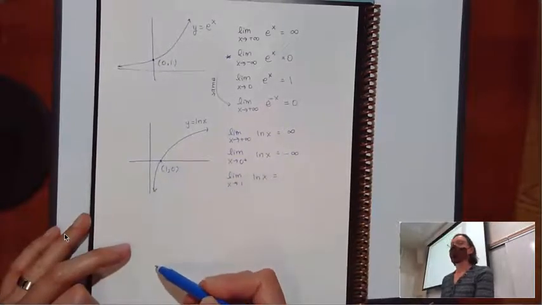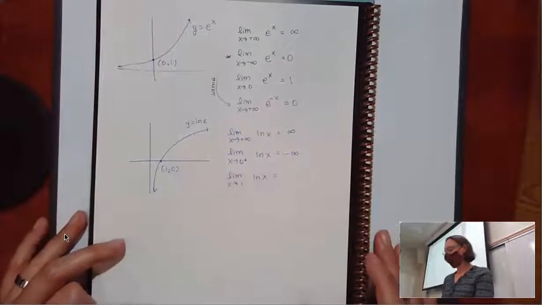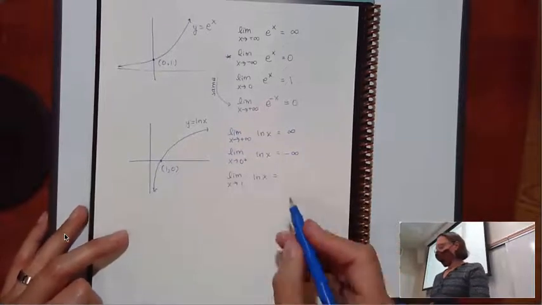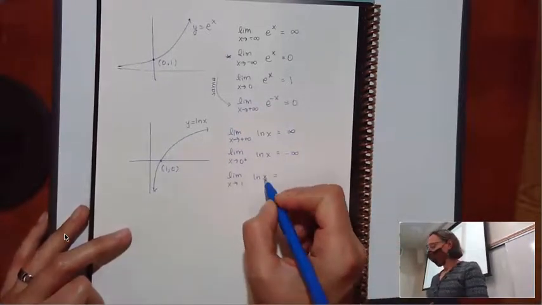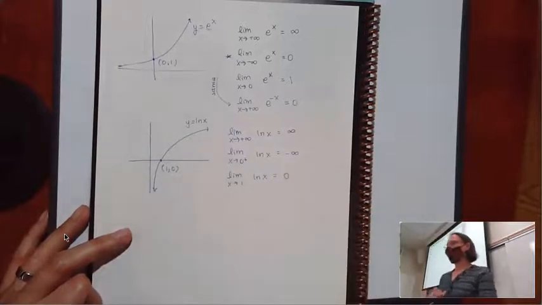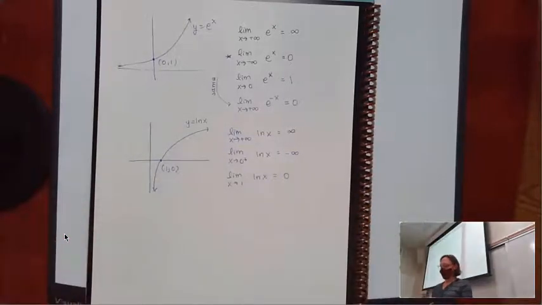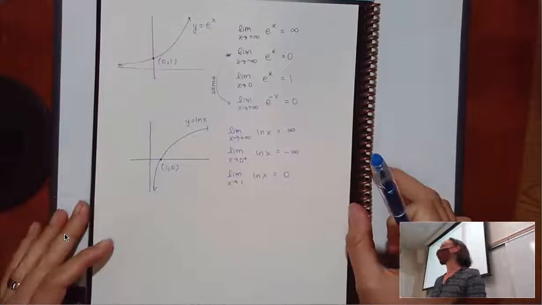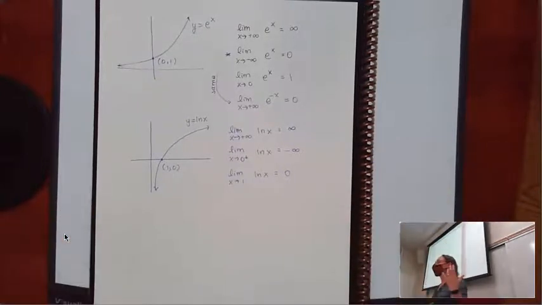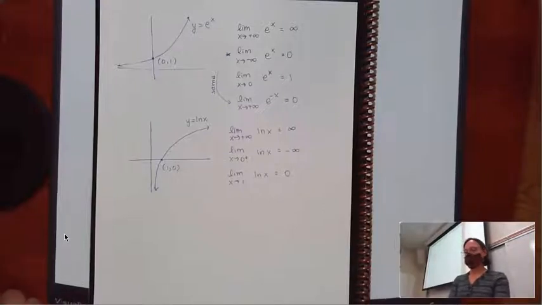So we're thinking about what y value we're getting close to. And natural log of 1 is 0. These are all limits that you're going to want to be comfortable and familiar with for this next section.